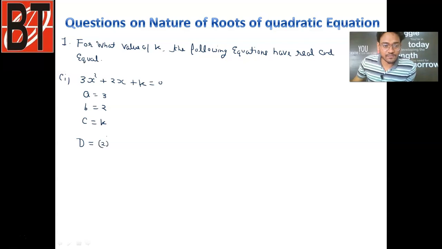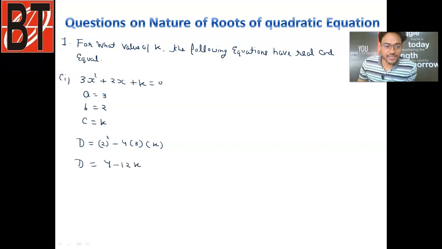So discriminant is b square minus 4ac: 2 square minus 4, the value of a is 3 and the value of c is k. So the discriminant is nothing but 4 minus 12k. I just simplified.